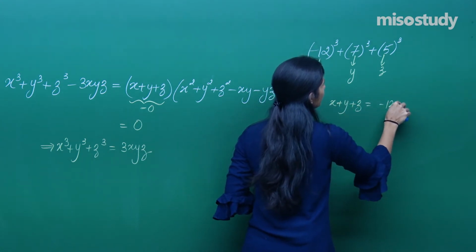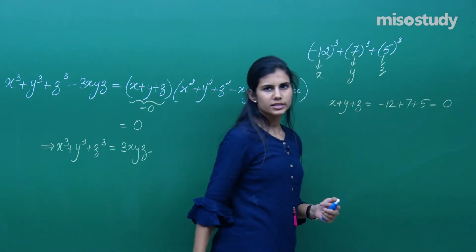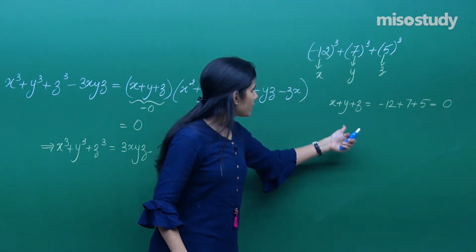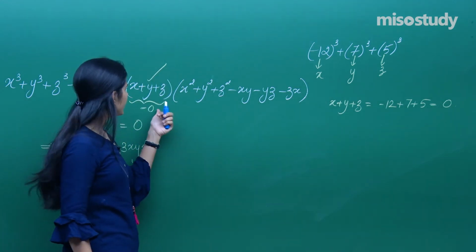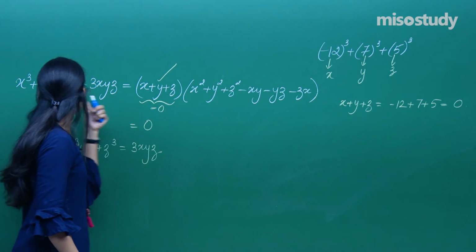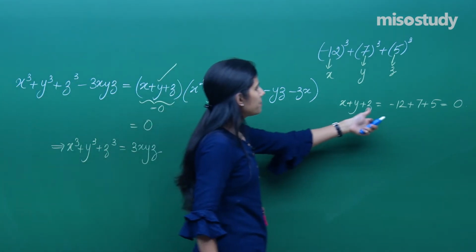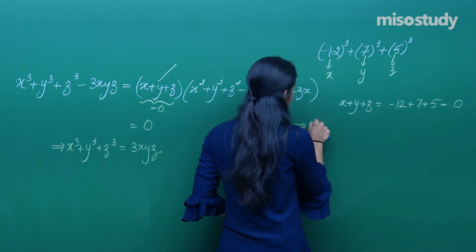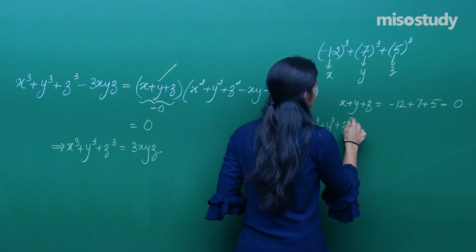It is minus 12 plus 7 plus 5, which is minus 12 plus 12, which is 0. The moment x plus y plus z is 0, I am able to come back to this verification that if x plus y plus z is 0, then x cube plus y cube plus z cube is 3xyz.